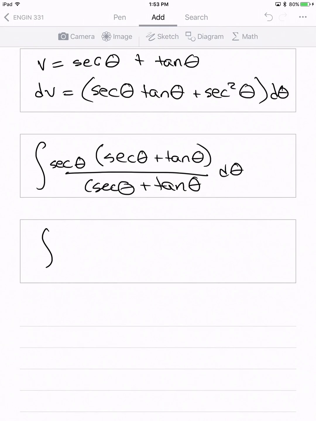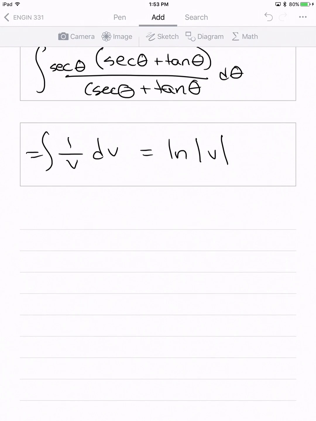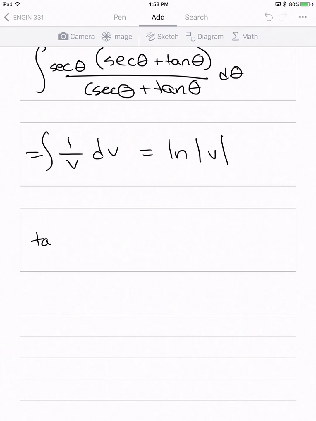Then our integral is actually just equal to the integral of 1 over v dv. How pretty! Which is equal to ln of v, technically ln of the absolute value of v. At this point, what exactly is v? We've done a couple of different substitutions, so let's review. We have that tangent theta is equal to u is equal to z prime over r.